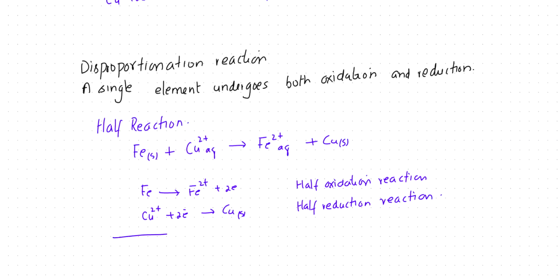So we get the redox reaction, that is Fe plus Cu2 plus gives Fe2 plus plus copper. So like this we can write half reactions when the reaction is given. So how to balance half reactions?